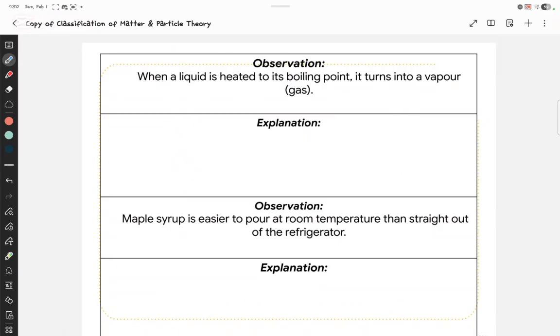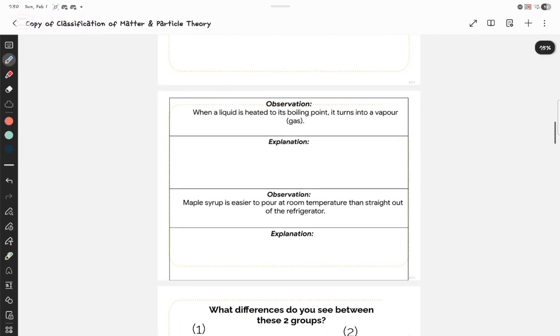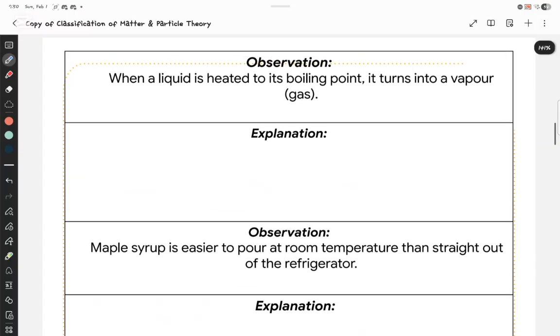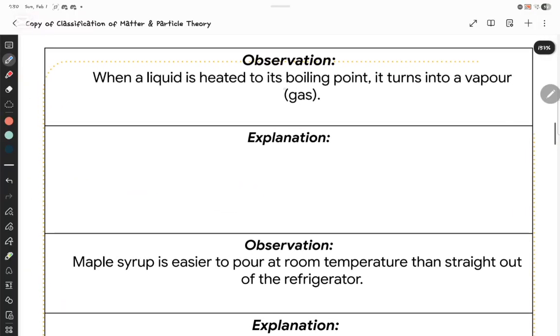So let's use those theorems and the states of matter that we've learned to do these questions. When a liquid is heated to its boiling point, it turns into vapor.